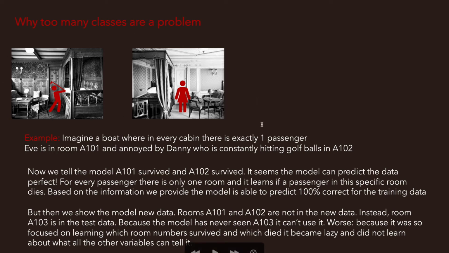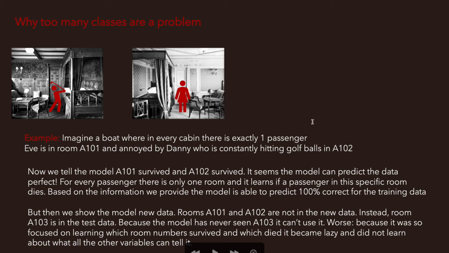What then happens is we tell the model, oh look, I've got this variable here. So in room A101, everyone's arrived, because only one person is there. Everyone's arrived. Next room, A102, everyone's arrived again.